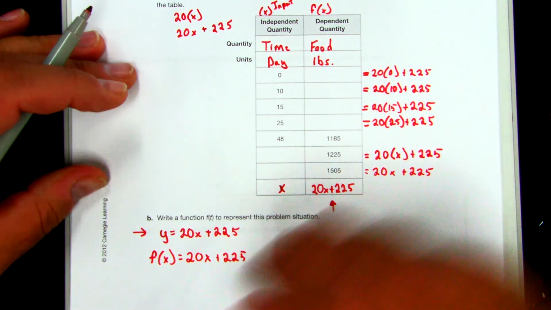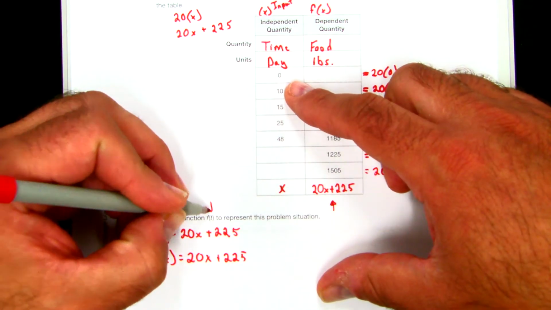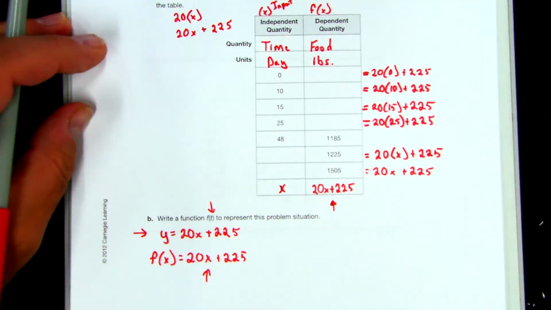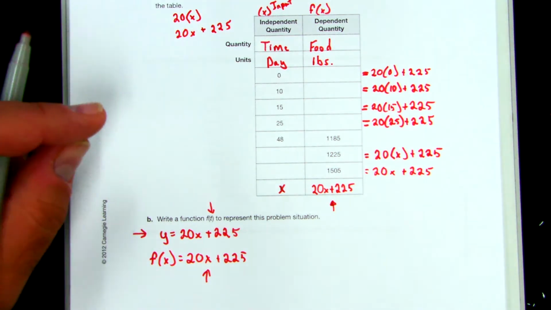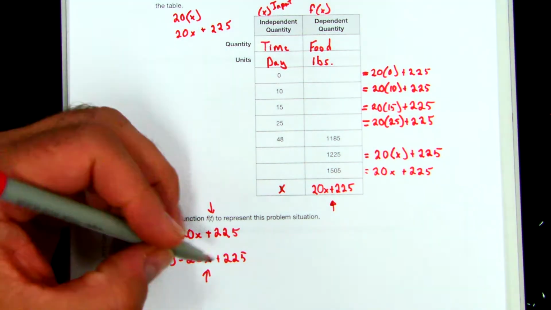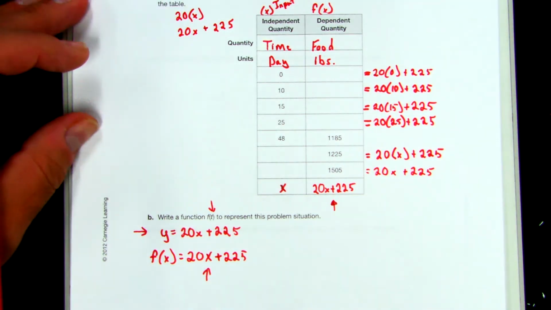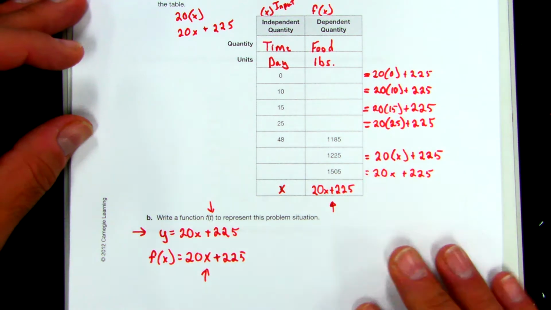Now they talk about f of t. Well, the problem you have to make sure is that if you use that t in the problem, you have to use t. So that, and we try to avoid that. I'm okay with you using f of x all the time because the t has a tendency of looking just like your plus sign. And some of you will go, well, what is 20t 20 plus plus 225?